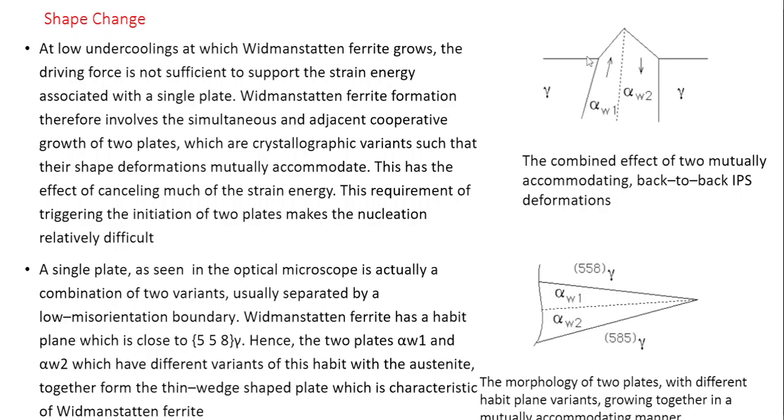So this is one plate which is formed by means of a displacive mechanism, and this is another plate. So consequently, the strain component which is produced by this plate is alleviated by the formation of this plate.